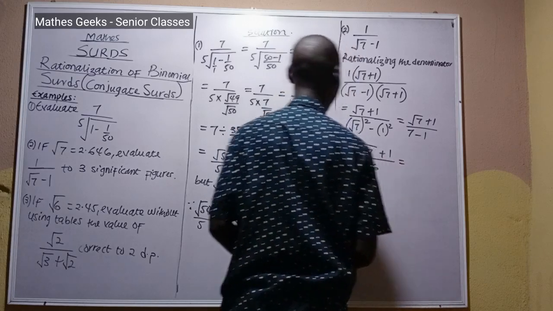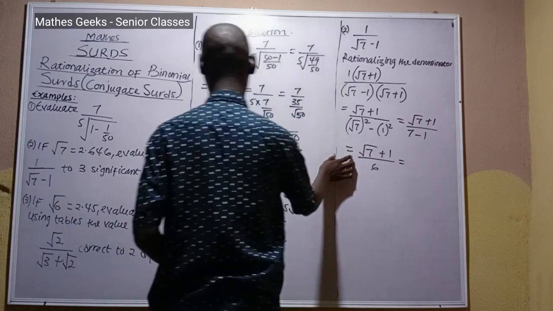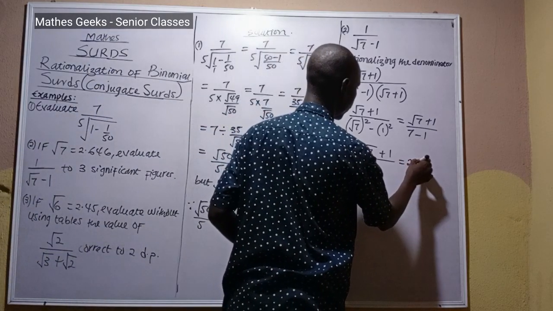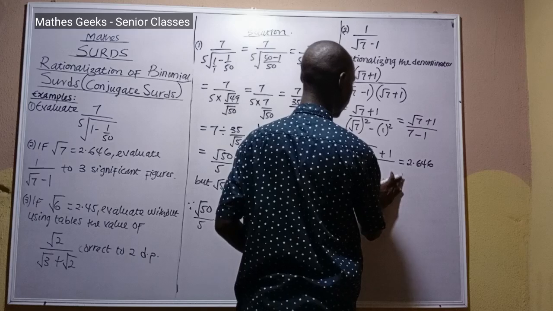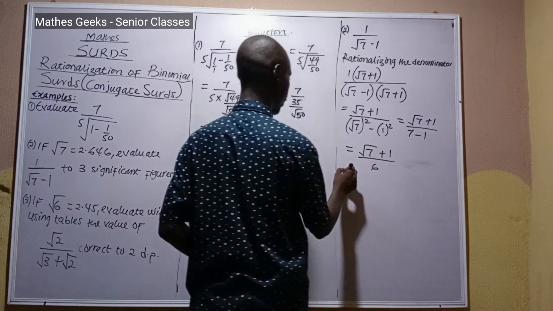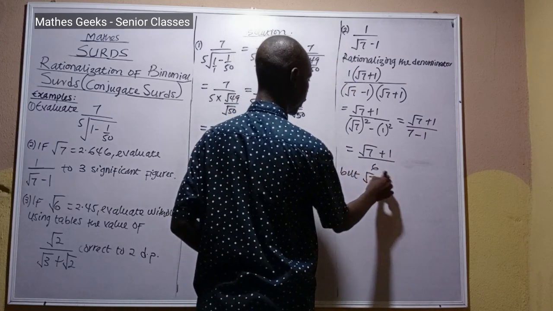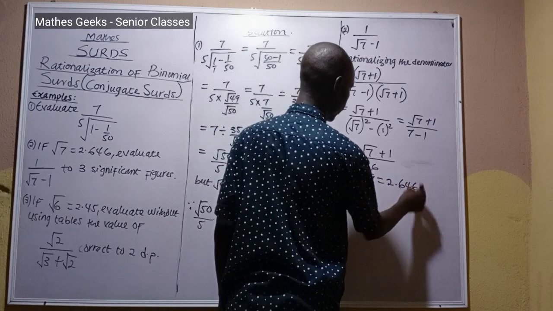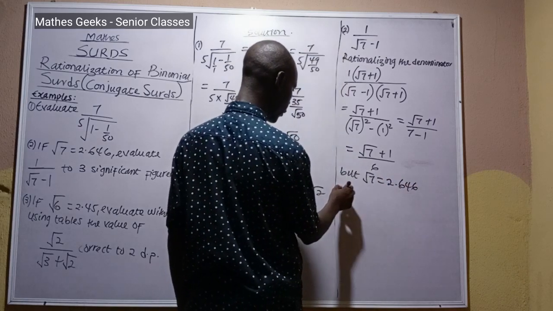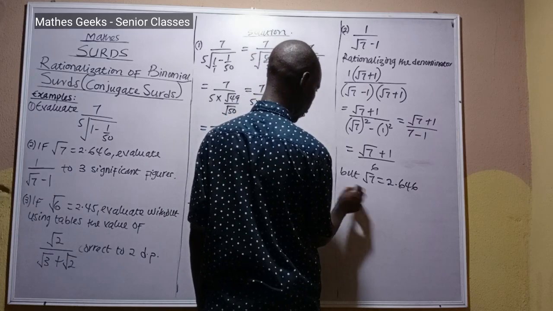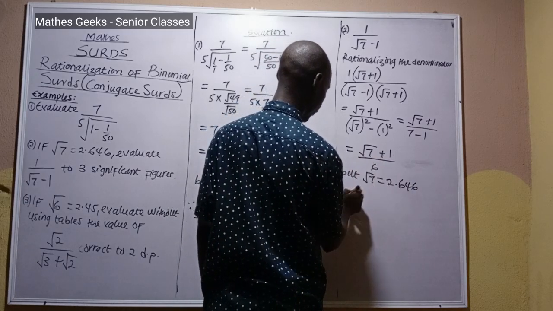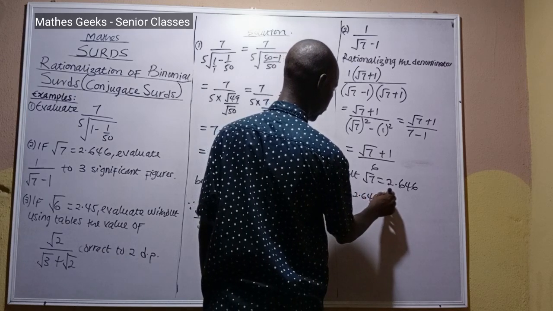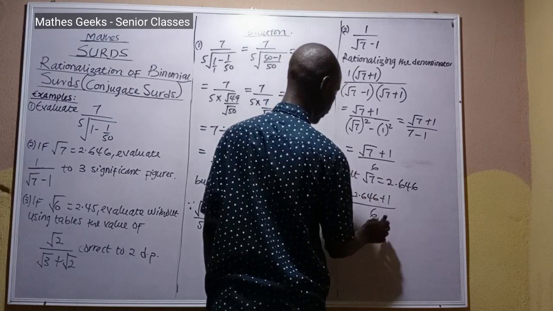But we're told that the value for root 7 is equal to 2.646. So therefore that is equal to 2.646 plus 1 over 6.